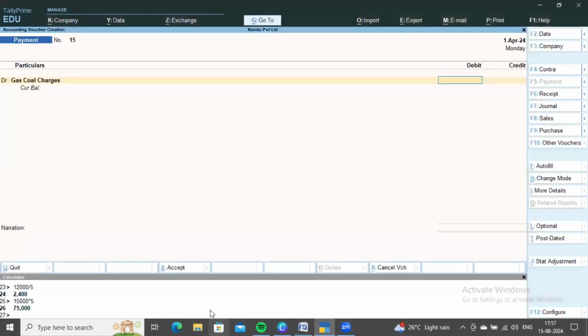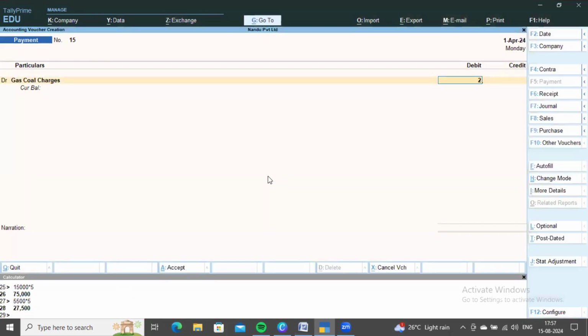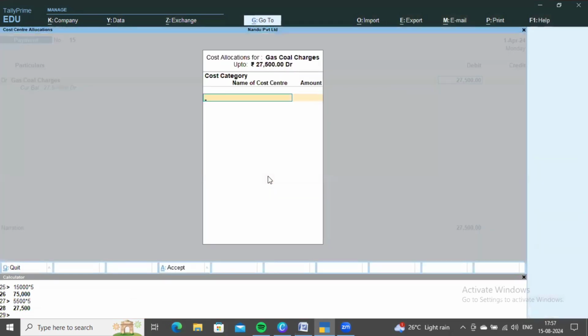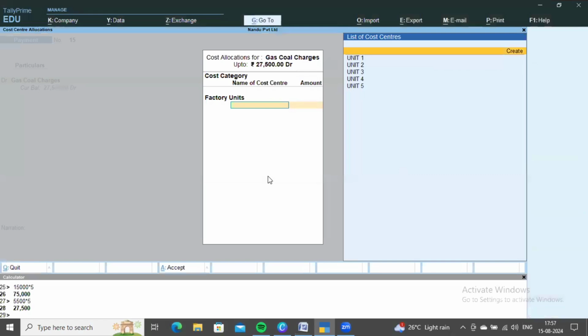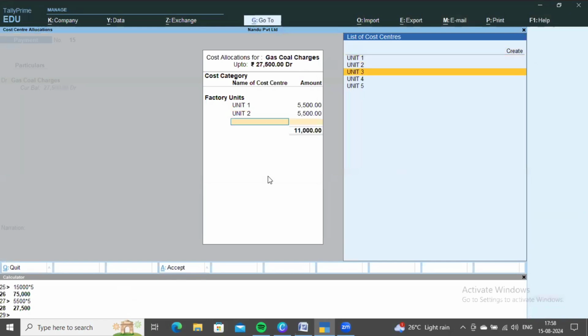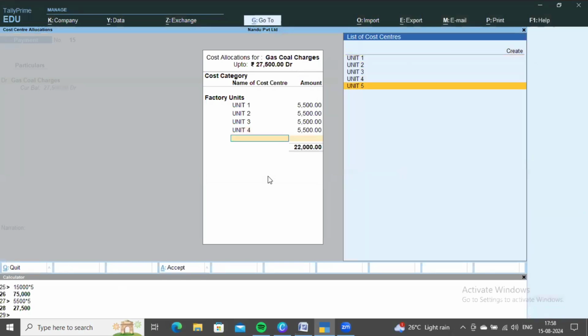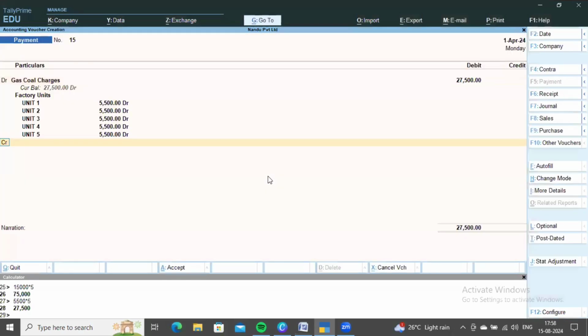There are 5 cost centers under factory units, so 5,500 into 5, and the total amount is 27,500. Here select factory units and assign 5,500 to each unit, like this. Then press Ctrl A and credit cash account as cash is going out.